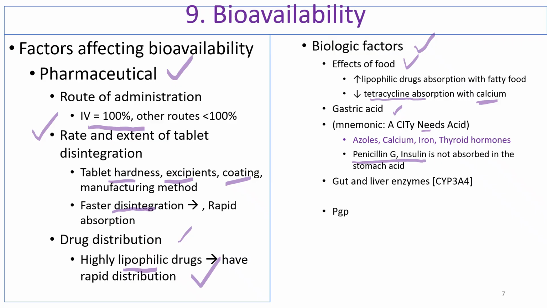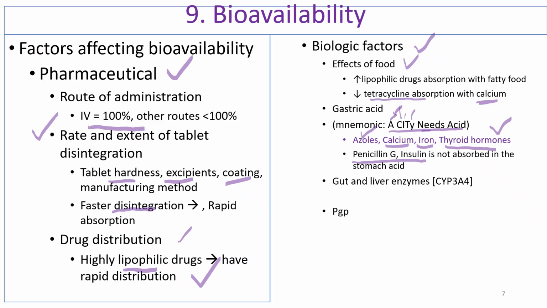Some medications need acid, so you have to take them on an empty stomach, like the azoles, proton pump inhibitors like pantoprazole and esomeprazole, calcium, iron, thyroid hormones. A nice mnemonic to remember: A for azoles and proton pump inhibitors like pantoprazole, omeprazole, C for calcium, I for iron, and T for thyroid hormones.